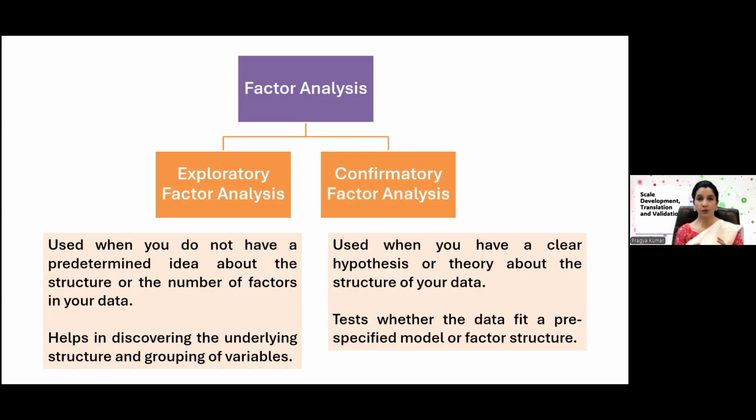You should not take the data of 200, do the EFA on that, and do CFA also on that. That's why if you want to do both, you have to take a large sample. How large should it be? 10 to 15 per variable for exploratory, and 5 to 10 per variable, meaning per item, for confirmatory factor analysis.